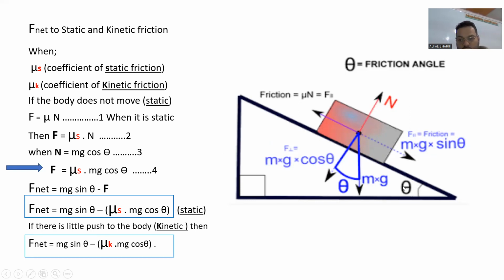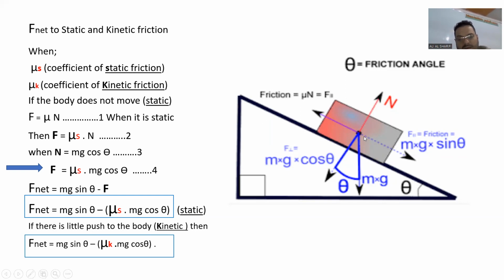Here, the situation is more than 45, less than 20. By that, the static frictional force will equal the static coefficient multiplied by mg cosine theta. By that, we know F net equals mg sine theta.